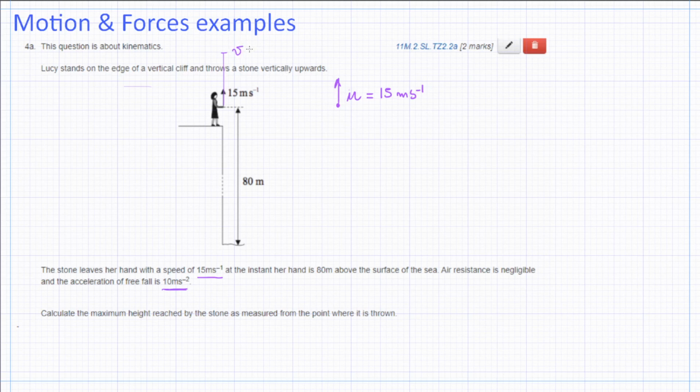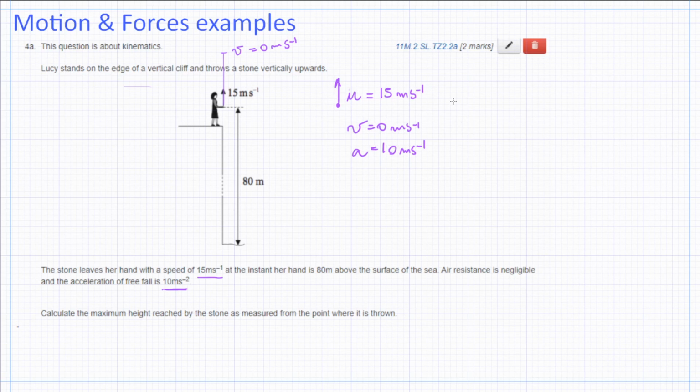When it stops, the speed will be 0, because then it will start moving downwards, so it has to stop at some point. So our final velocity is 0. We know our acceleration, which is 10 meters per second squared, and now we have to look at our SUVAT equations and find which one is appropriate for us.